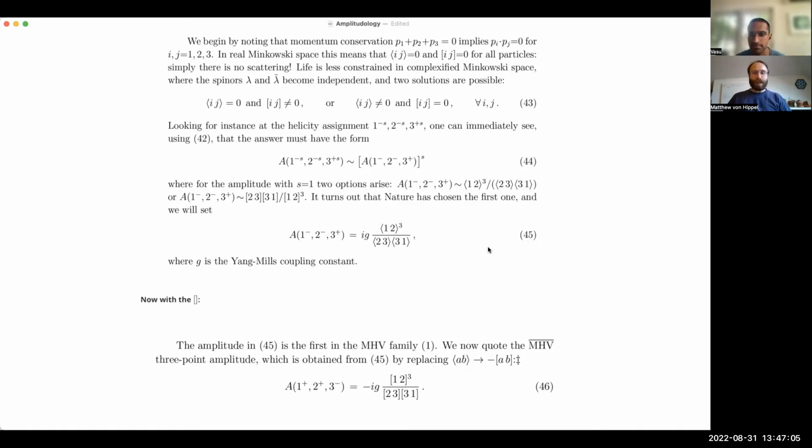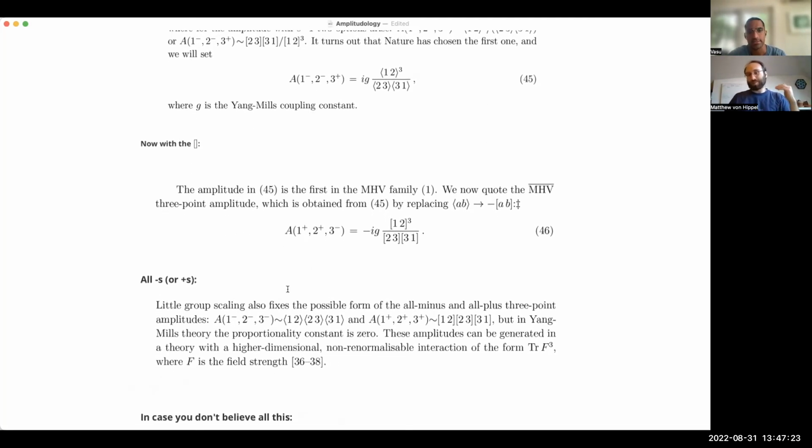Now you might ask, well, you could go even further. You could have one minus and all the rest plus, or something like that. This isn't visible for the 3-particle case, but for higher numbers of particles, the statement is that at tree level that's 0. There are Ward identities that tell you that.